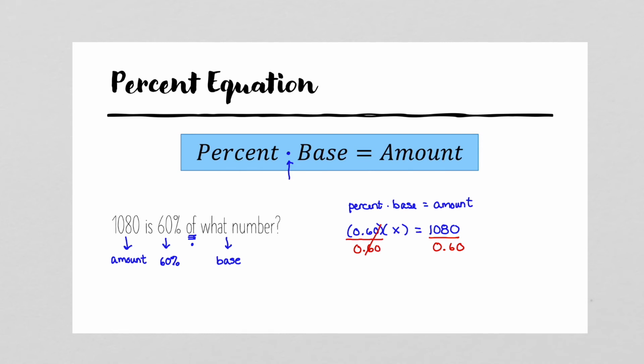Again, I don't know what that is, so I'm going to pull out my calculator. 1,080 divided by 0.6 gives me 1,800. In other words, 60% of 1,800 gives me 1,080.